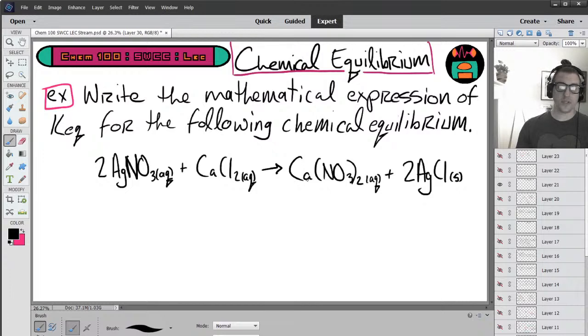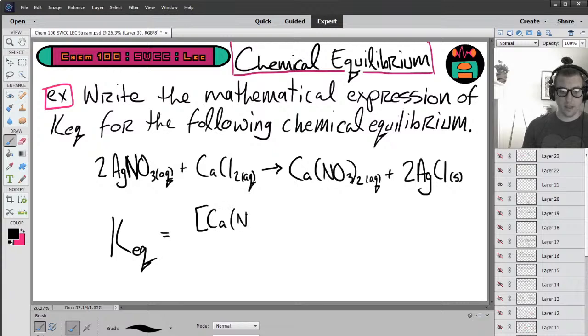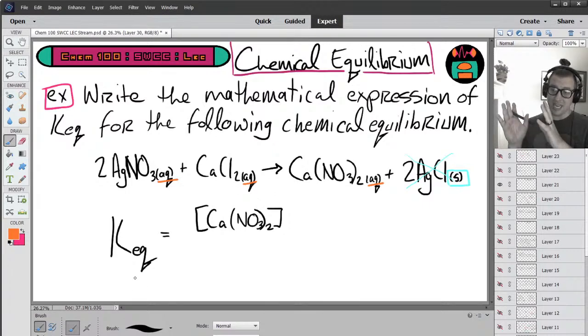Okay, so again, our equilibrium constant is products over reactants. Now our products here are calcium nitrate and silver chloride. However, silver chloride is a solid, and so it is not included. We only include aqueous substances and gaseous substances.